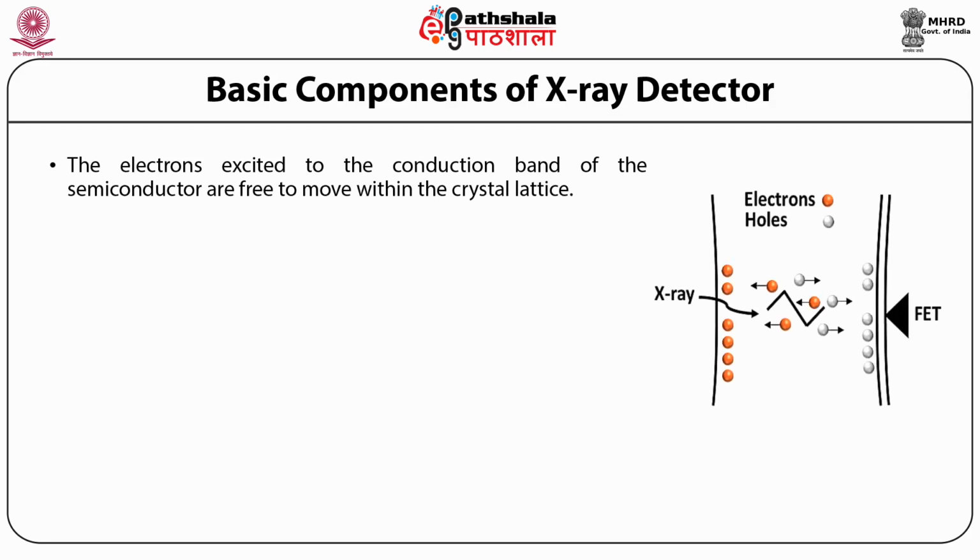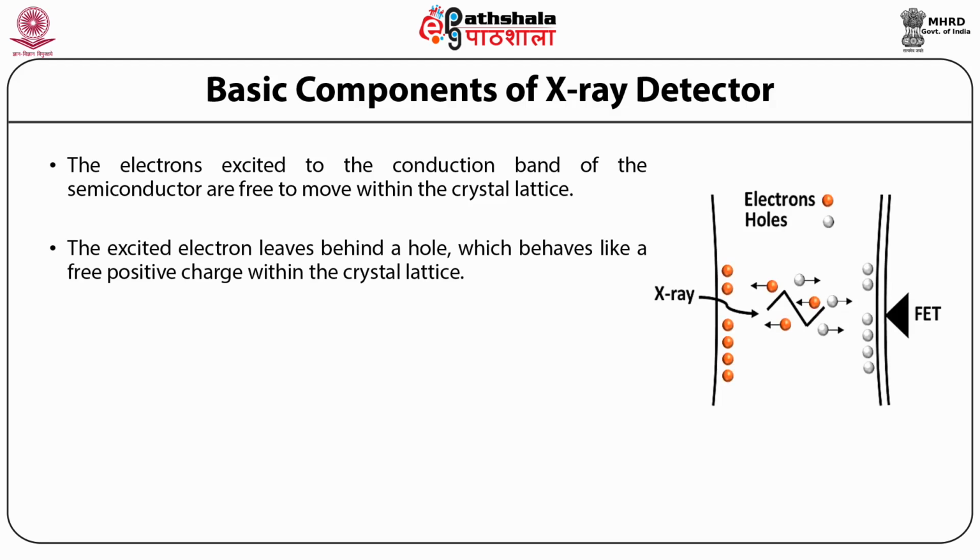The electrons excited to the conduction band of the semiconductor are free to move within the crystal lattice. The excited electron leaves behind a hole, which behaves like a free positive charge within the crystal lattice.